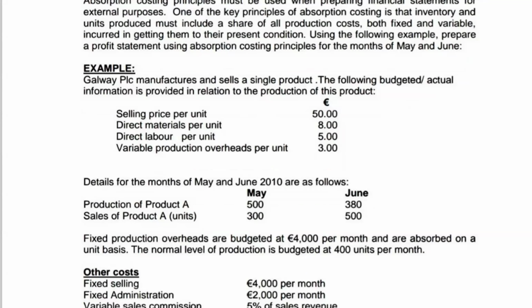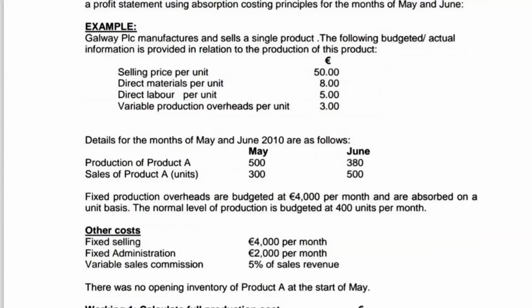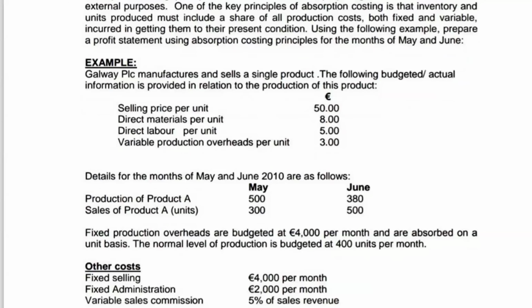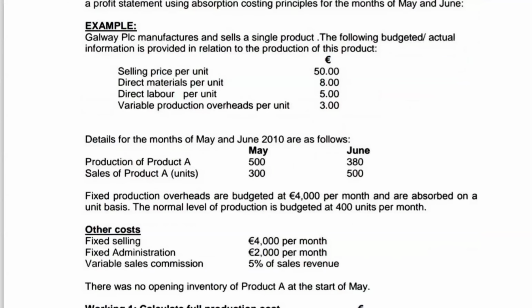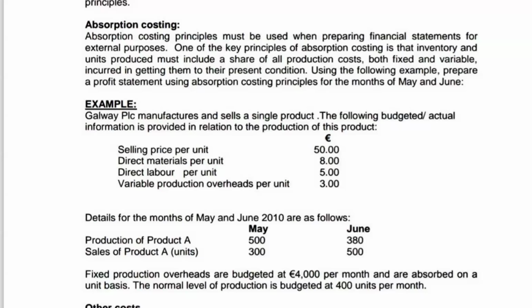It pertains to this particular company. So now, riding on the same data that we have, we are told that the fixed production overhead is budgeted at 4,000 per month, and it is usually absorbed using a unit basis.